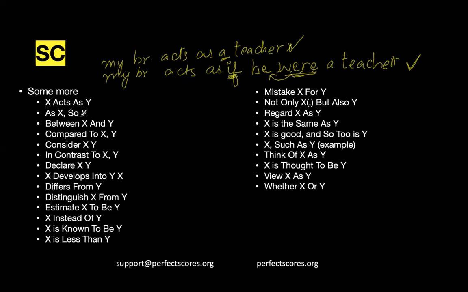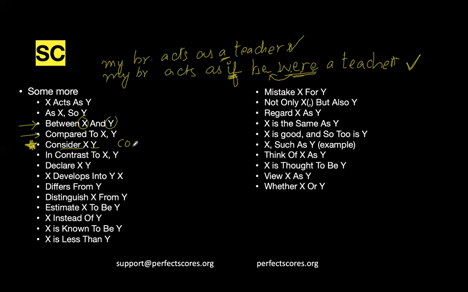As X, so Y. I'll tell you which are the important ones. This is important. Sometimes these X's and Y's are really long groups of words. This one is really, really important. Consider X, Y. It's so important that I think there's a huge chance that you will get at least one sentence using this.